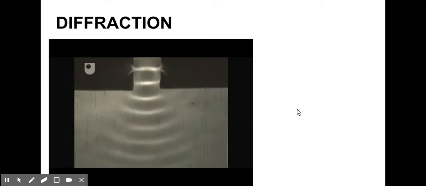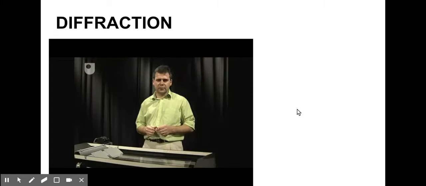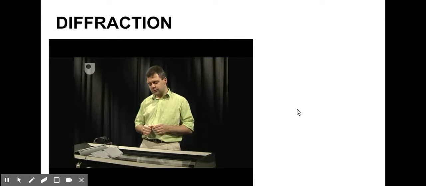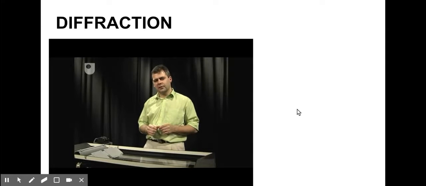And if you now look at the screen, you can see that as the waves pass through the aperture, they spread out. This spreading out of a wave as it passes through an aperture is known as diffraction, and it's a property of all types of waves. So what do you think controls how much the wave spreads out? Well, one possibility is the width of the aperture. And what do you think would happen if I made the aperture smaller?